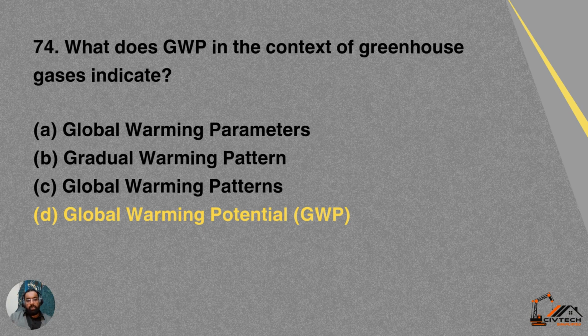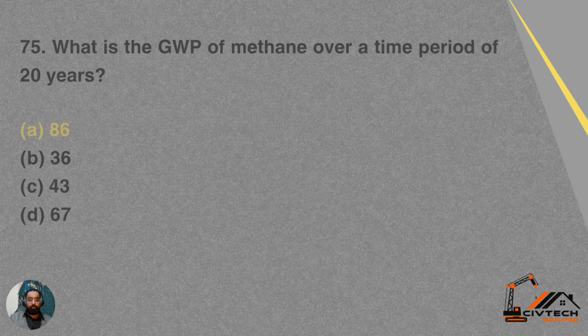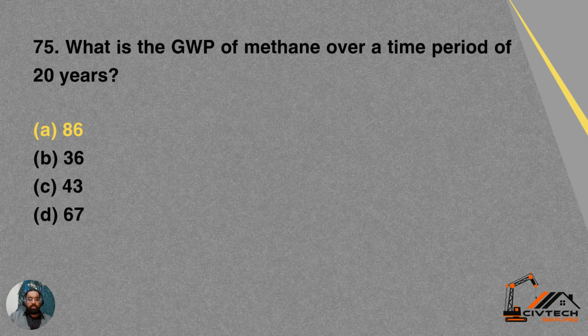Option C, global warming patterns. Option D, global warming potential, GWP. So D is the correct answer. It's global warming potential, in the context of greenhouse gases.